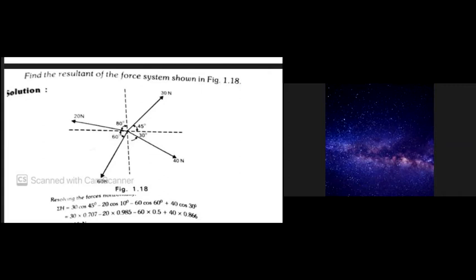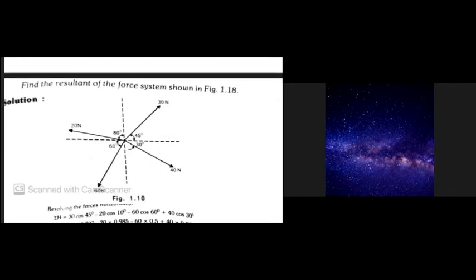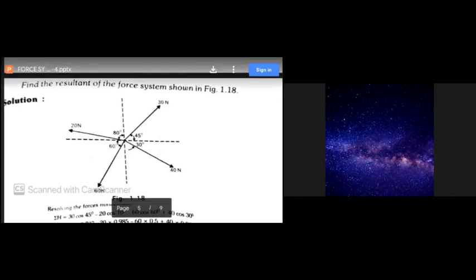Here also we have to resolve each and every force horizontally and vertically. Resolving the 30 newtons, its horizontal component is 30 cos 45 towards the right, and its vertical component is 30 sin 45 upward.